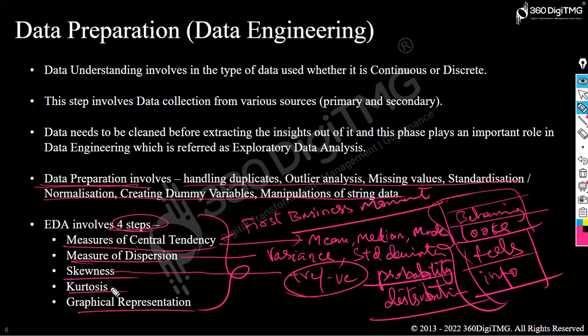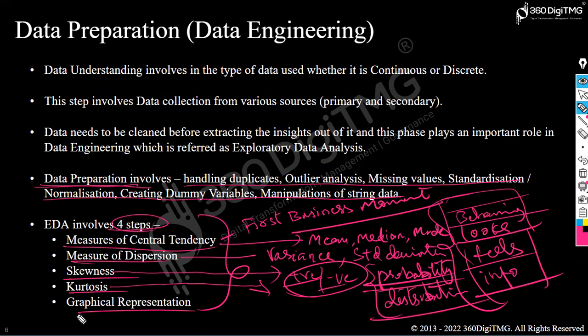In the same way, the fourth business moment is again a different way of representing or analyzing the data: kurtosis, which again tells you more about probability distribution.